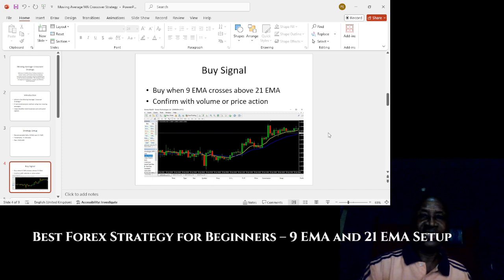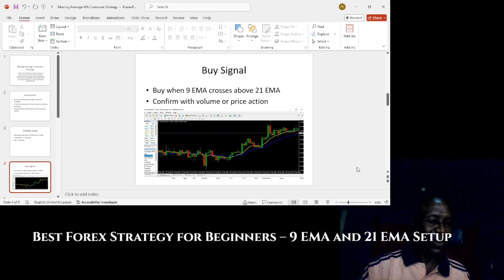You see this buy signal. A buy signal is generated when the yellow 9 EMA crosses over the blue 21 EMA.